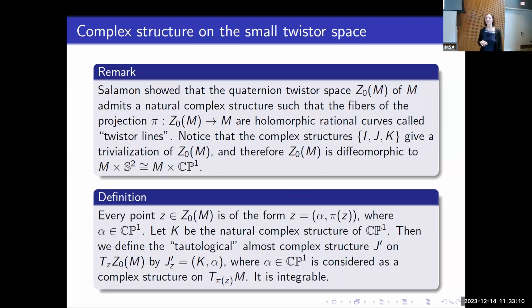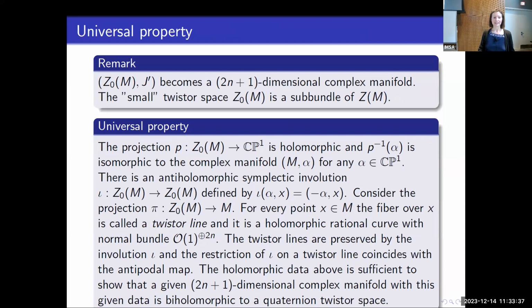And then on the horizontal part, the point where you're at actually defines your complex structure on the horizontal slice. So this becomes a twistor almost complex structure, which happens to be integrable. So it is actually a complex structure. And then the small twistor space, Z0 of M, together with this complex structure, becomes a 2n+1 dimensional complex manifold.